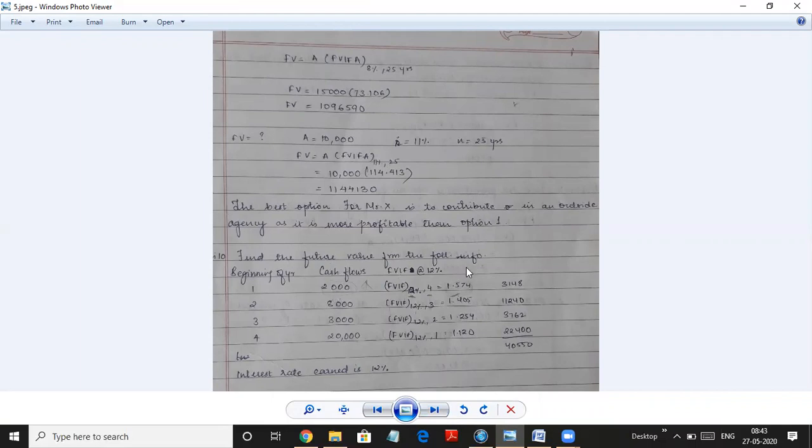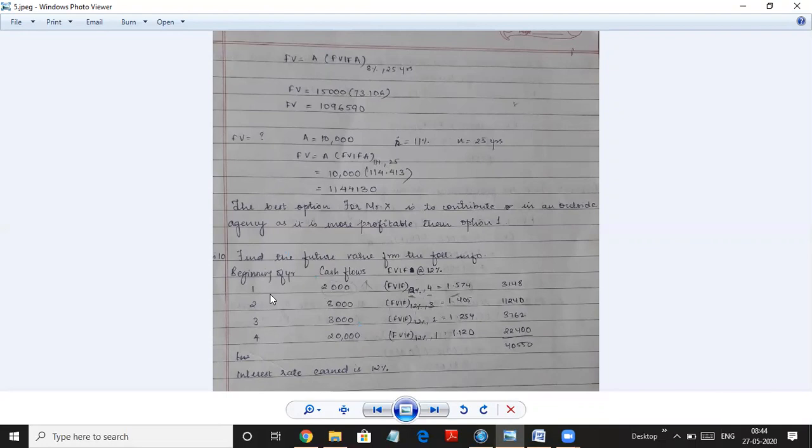Find the future value from the following information. Beginning of the year, 1, 2, 3, 4 are the years. These are the cash flows. So we'll find the future value. Now, beginning of the year, in the previous class, I had told you, if it is beginning of the year, you should start from N. N is 4 years here. So you start from 4, 4, 3, 2, 1.